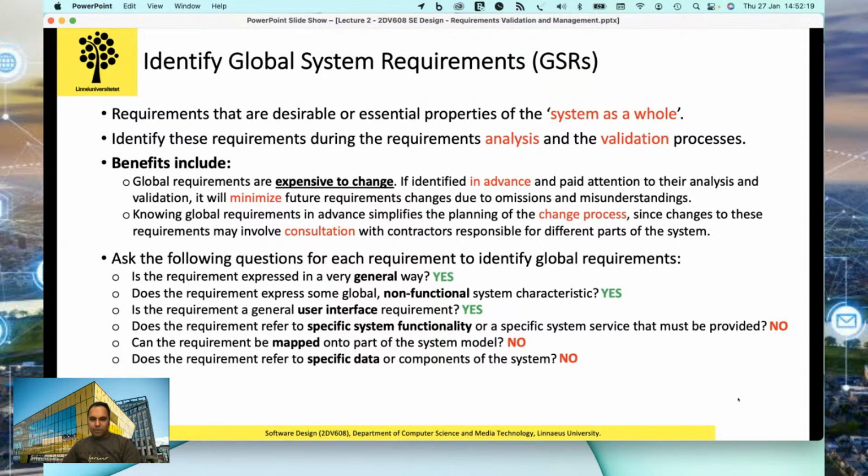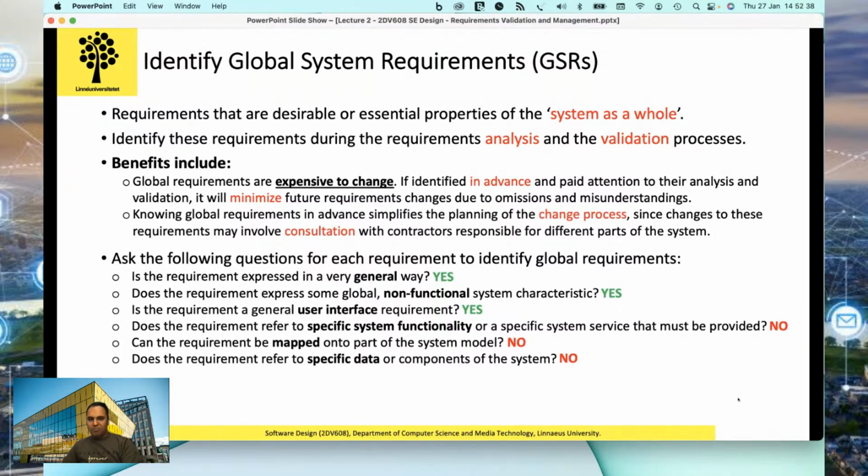So in your requirements elicitation phase, or during your requirements analysis phase, or even during your requirements validation phase, if you ask these 6 questions as early as possible, you can identify your global requirements.